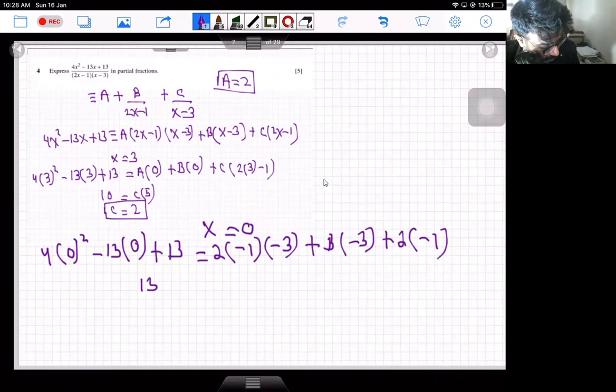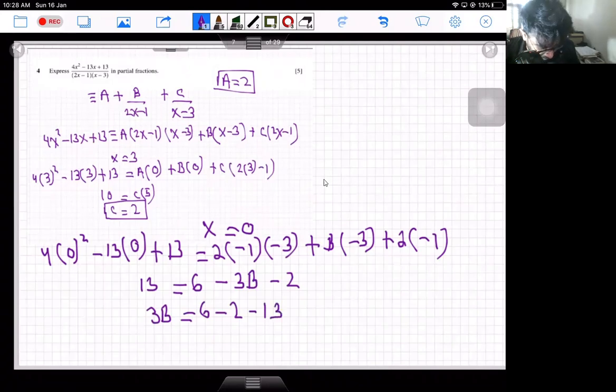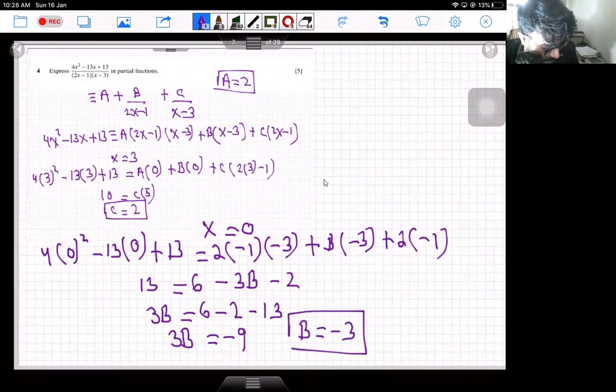So 13 is equal to 2 into minus 1 into minus 3, so this is positive 6, and then minus 3b, and then minus 2. So 3b is equal to 6 minus 2 minus 13. 6 minus 2 minus 13, this is minus 9. So 3b is equal to negative 9 and b is equal to minus 9 divided by 3, b is equal to minus 3.